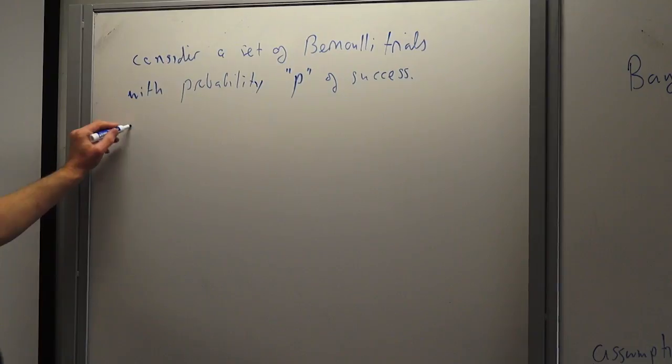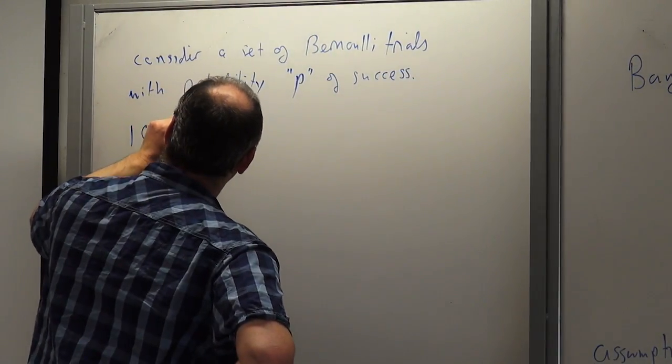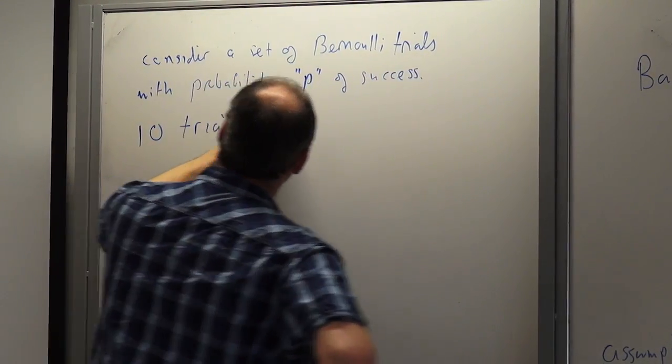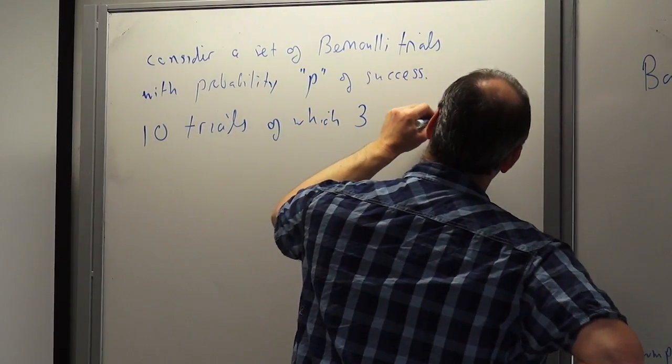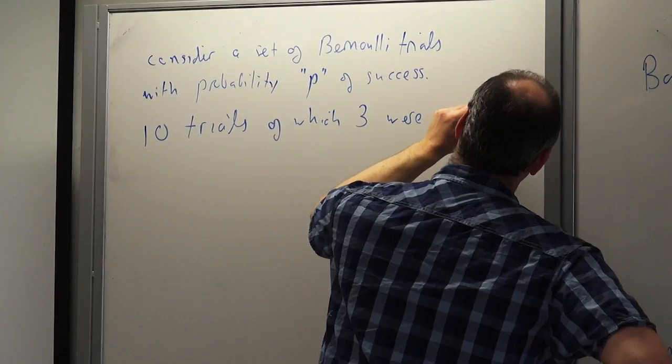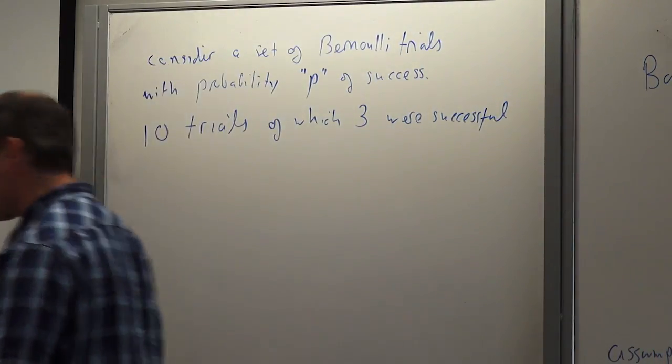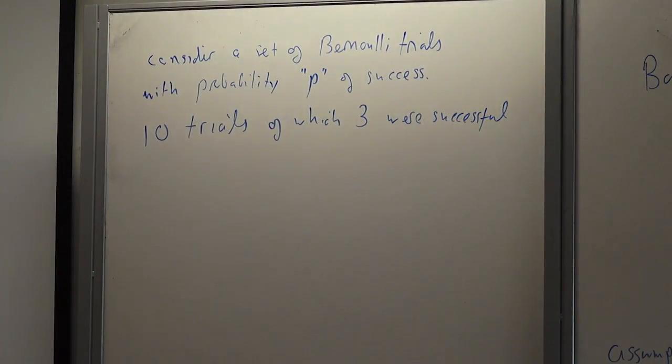I'm going to consider 10 trials of which 3 were successful. So you toss the coin 10 times and you have 3 successes.